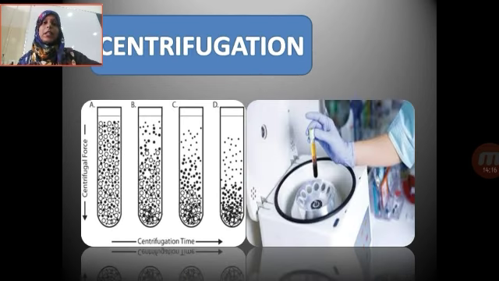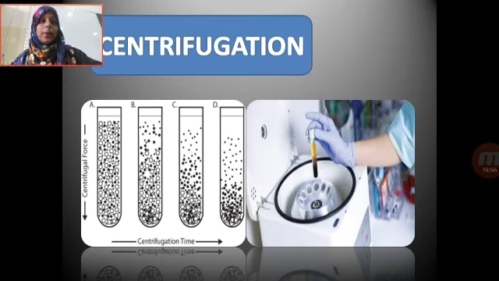centrifugation. Children, the method of separating lighter and heavier particles from the liquid mixture by rotating the liquid in a machine is called centrifugation. The word centrifugation has come from centrifugal force or the circular motion. As the liquids are separated with the help of a centrifuge, that is a circulating machine, this method is used to separate blood.